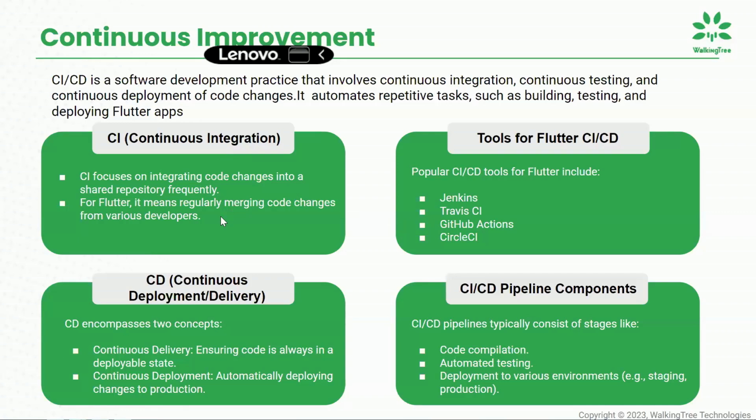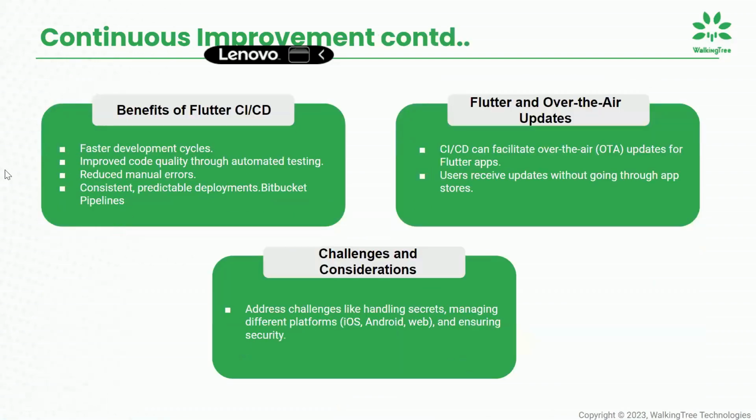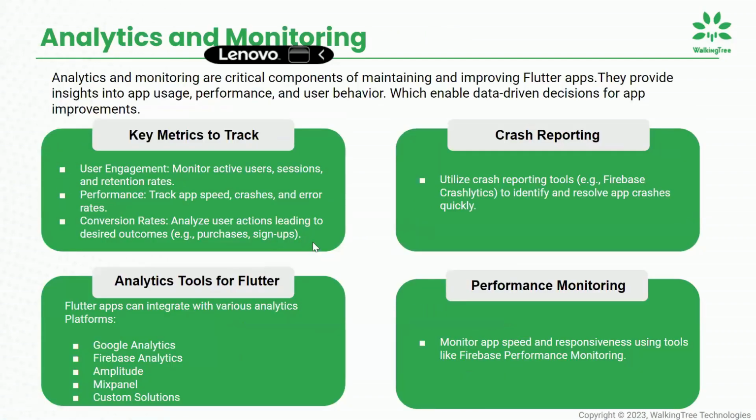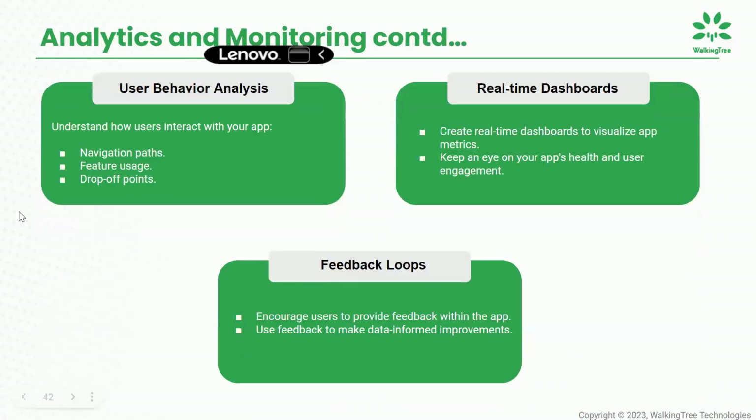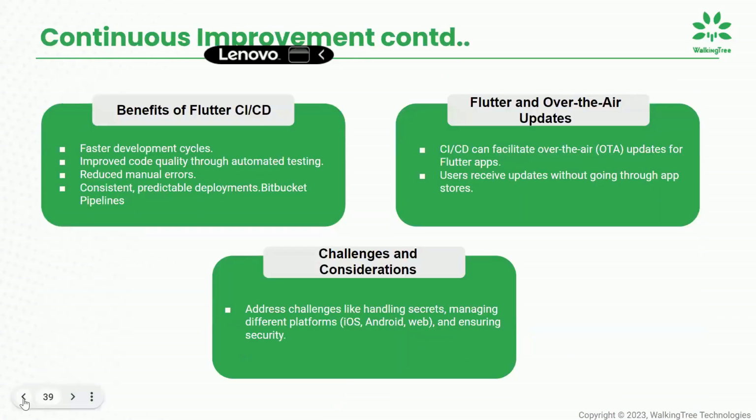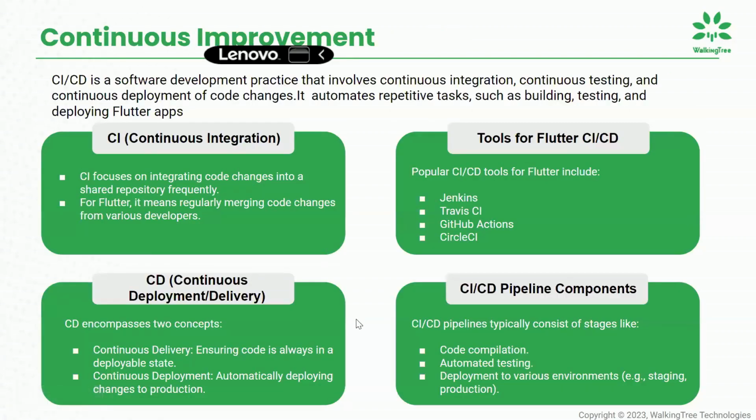For your app development, you'll have multiple teams, and when allowing them to merge, certain practices have to be handled, like static code validation, linting, formatting, and basic unit test success criteria. We are still on continuous integration, slide number 38. So that's about continuous integration.